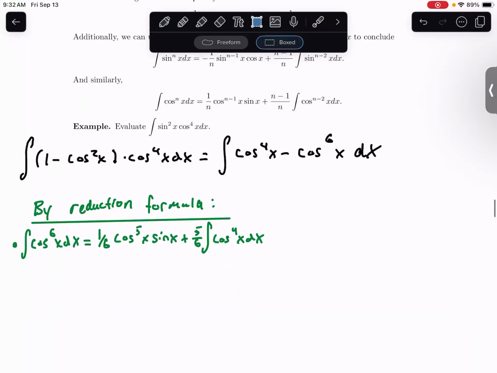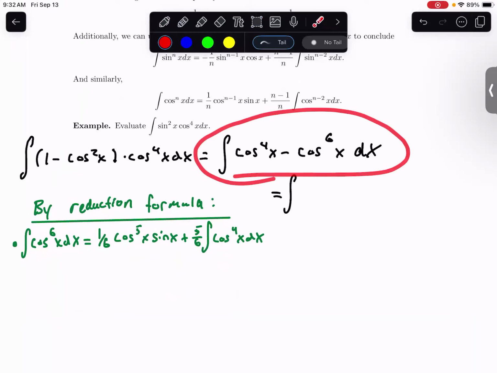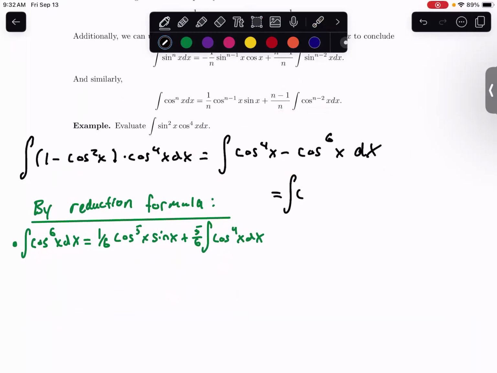Okay. And so what this means is we can make the following substitution. This is really the same thing as the integral, I'm actually going to split these integrals into two integrals. So this is really the integral of cosine to the 4th power of x dx minus this entire thing right here.